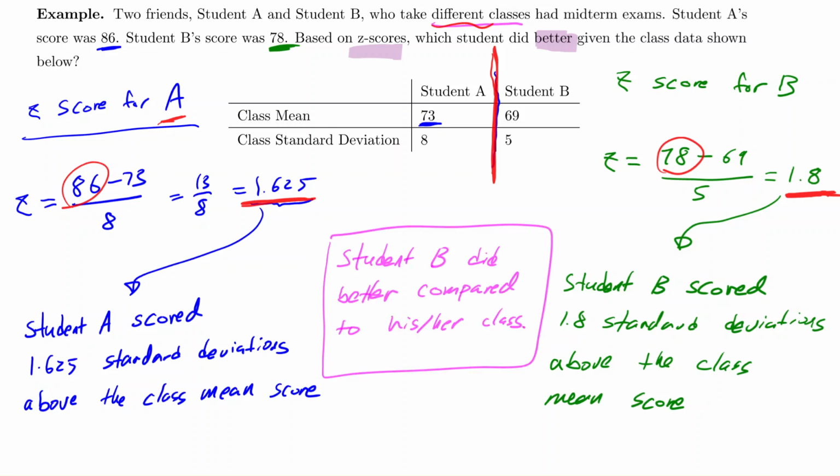Student B did better compared to his or her class because student B's z-score was higher than student A's. That means relatively, student B did better in the class student B is in, compared to student A, whose z-score was a little less. So that's what the z-score tells us. It helps us compare even data sets that come from two different classes or two different groups.